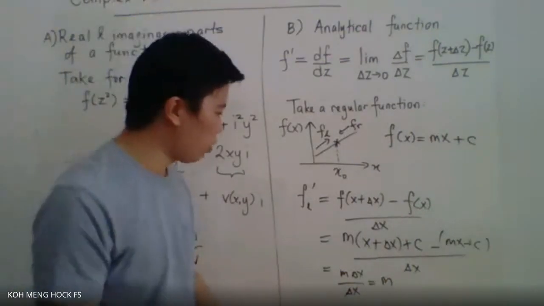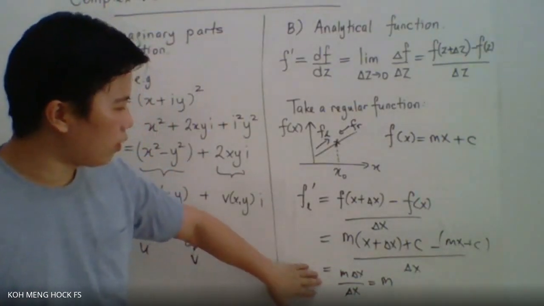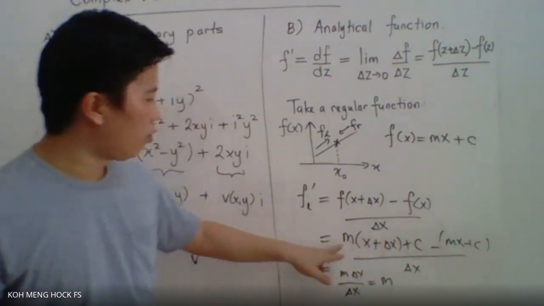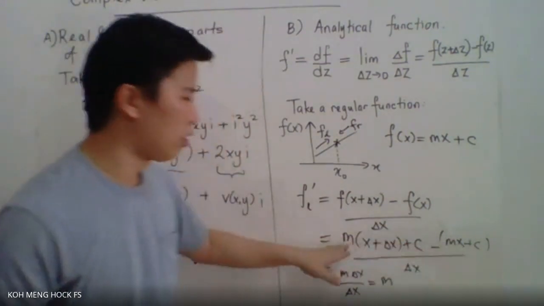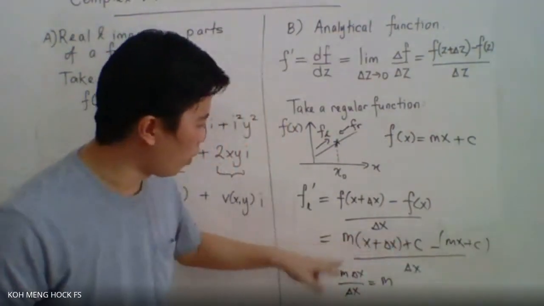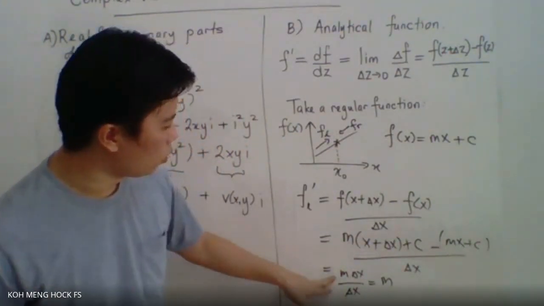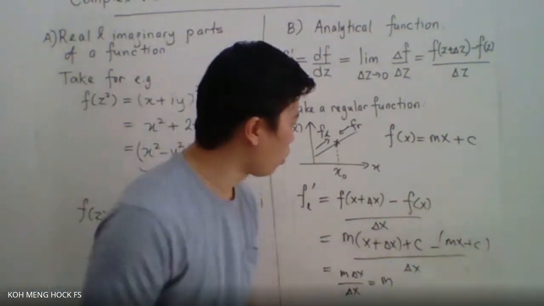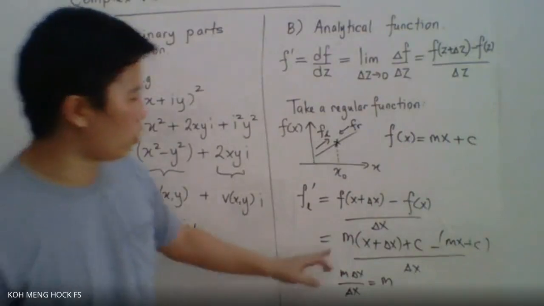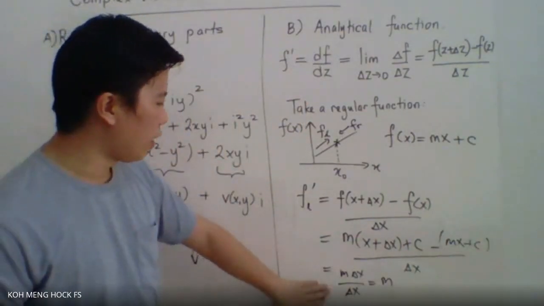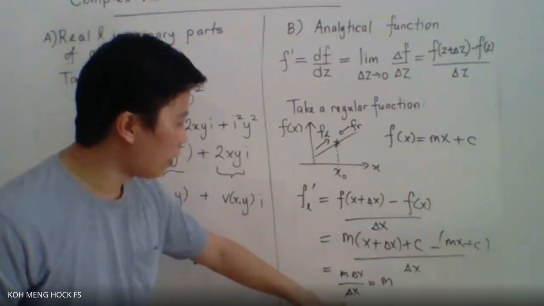So let me continue a little bit. If you expand, mx minus mx vanishes. M delta x, there is nothing to cancel here, so you have m delta x at the numerator. You have c here and then c here. This is going to cancel, and therefore at the end you have m delta x divided by delta x.